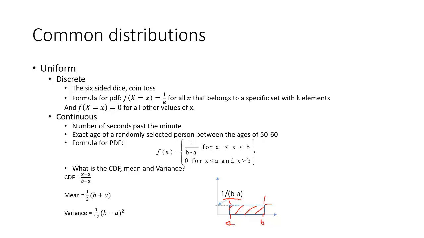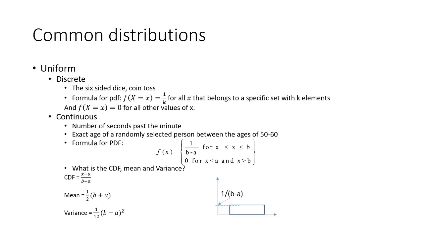So 1 by b minus a times b minus a would give you 1, and so you can essentially think of it that way as well. And obviously, like we discussed, it has to be 0 if you're less than a or if you're greater than b.